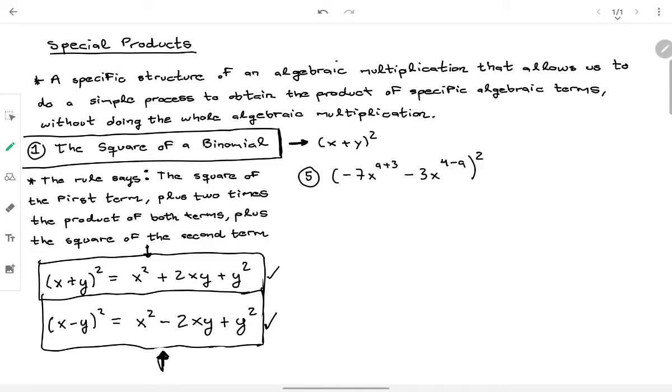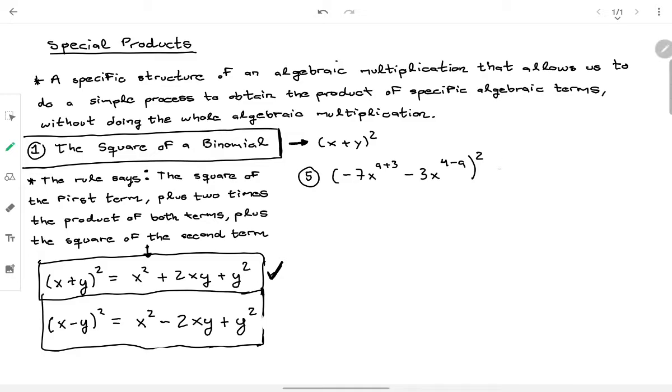So what happens when we have two negative ones? We haven't done the specific one when we have two negative ones. In this case, we are using the first rule, but we use the specific signs inside the specific terms, like we did on the first one that had a positive and a negative one.